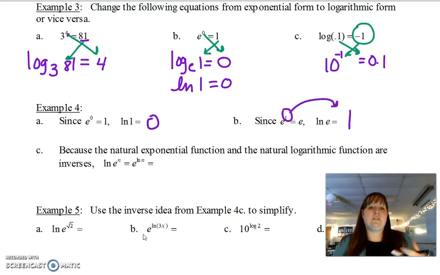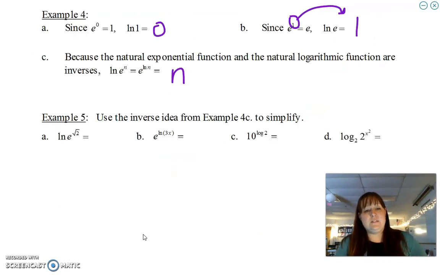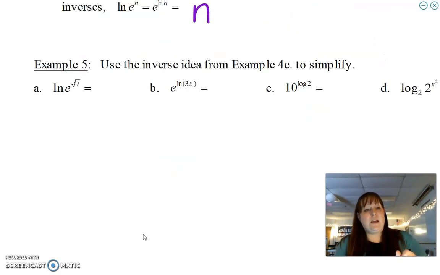So if I have some number, n, and I take e and raise it to the n power, and then I take the ln of that, guess what? I get all the way back to just n. So in these examples below, you'll see when I do these two inverse operations on this number, I just get the original number back. Same here, I get 3x back out.